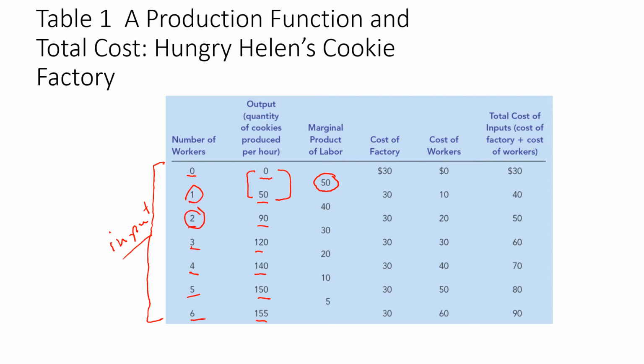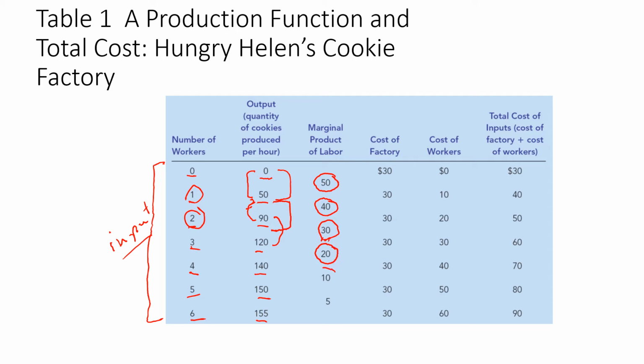How much change does this make in the overall output? From 50 we get to 90. So 90 minus 50 is 40. Similarly, for the third laborer, we have 120 minus 90, which is 30, and for the fourth it is 20.